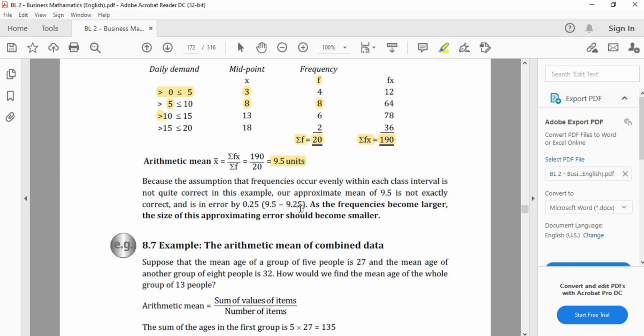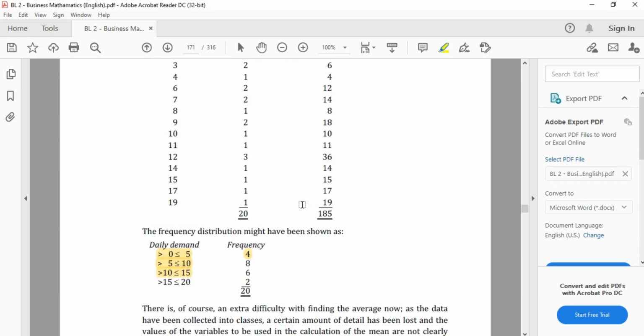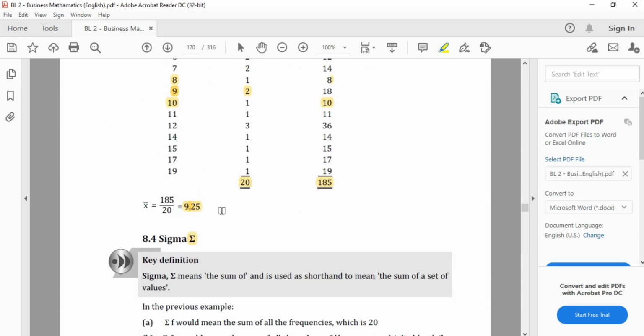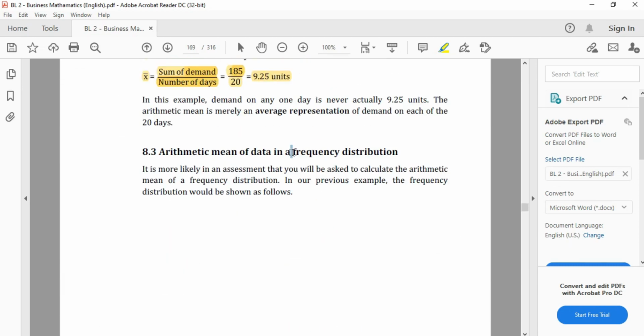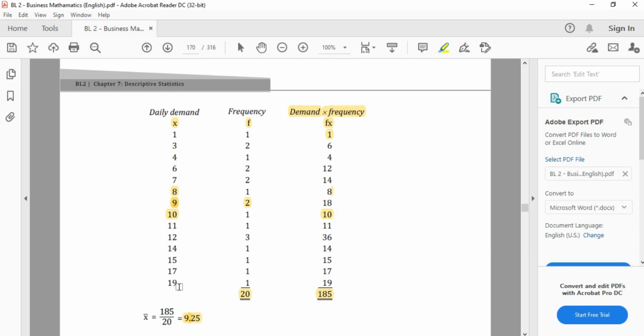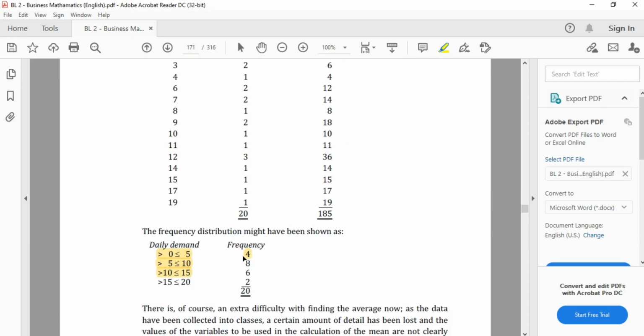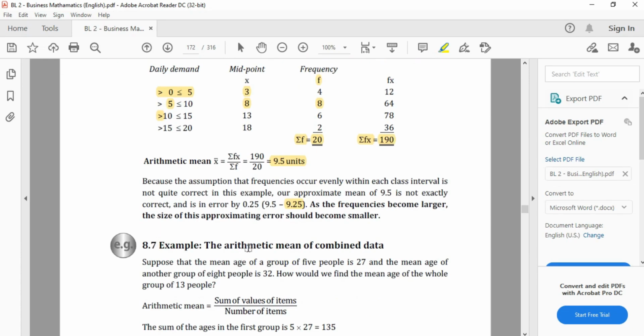So when you compare the grouped frequencies and the normal frequencies, the answers of the mean, previously we got 9.25 units under the normal frequency distribution, in a format like this, no groupings. But when you group and got the mean, it differed.